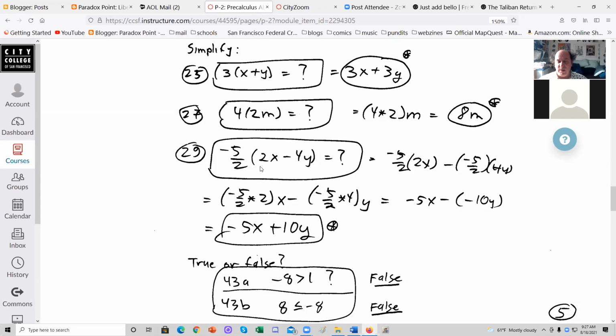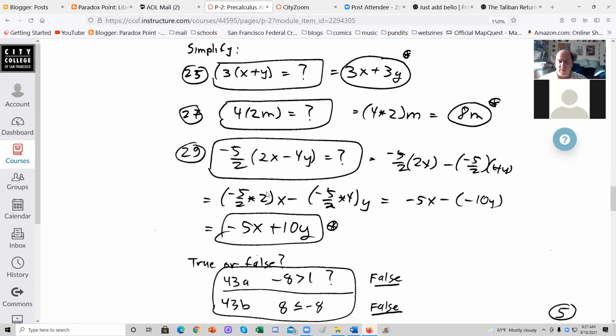Here we have something a little complicated. Negative 5 halves times 2x minus 4y, what's that? Well, first we'll distribute the negative 5 halves over these two terms. So you get negative 5 halves times 2x minus negative 5 halves times 4y. Okay, here we use associative law to move the brackets around.